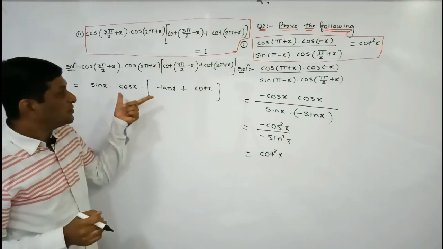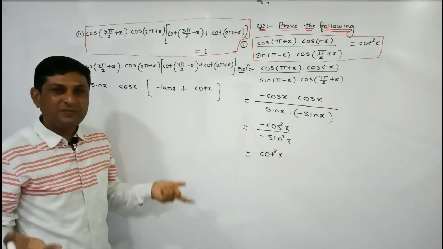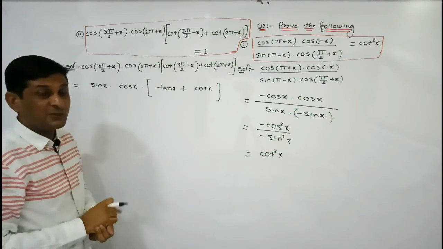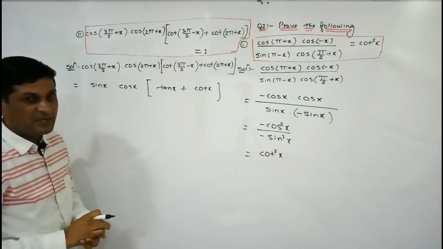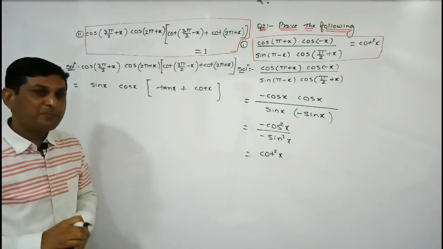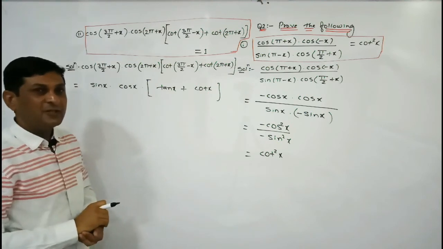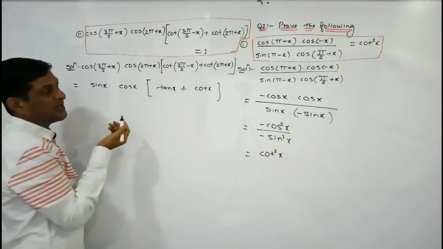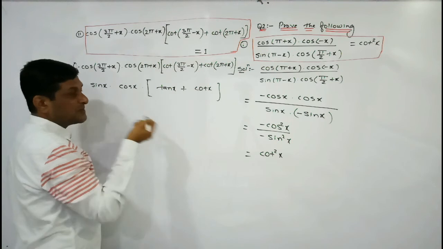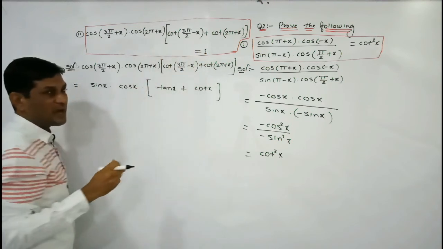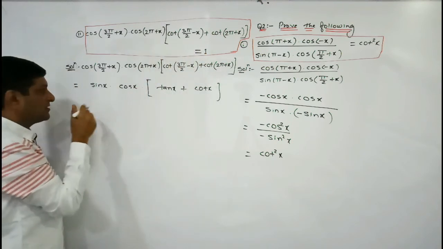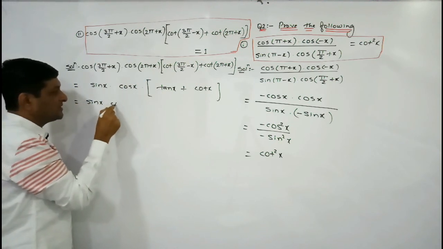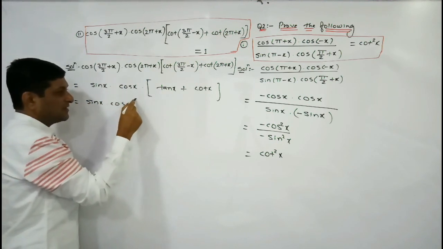Now to get our required result, we have the fundamental identities, the interrelation between trigonometric functions, and even compound angle formulas. Make proper use of the formulas available to get our required result. Since we have to simplify it in such a way that we get 1, that's why we are converting the whole expression in terms of sine and cos, so that we are able to simplify it easily.